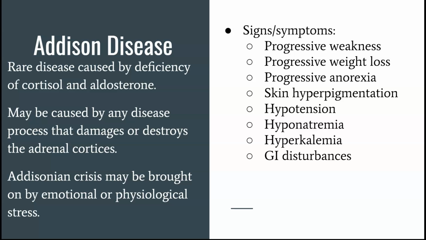However, if there's any level of stress, it causes an imbalance between the level of stress and the amount of circulating steroids, and they will have Addisonian crisis, which is a severe drop in their fluid, which third spaces. It goes from the blood inside the blood vessels out into the extracellular region and can cause significant shock.